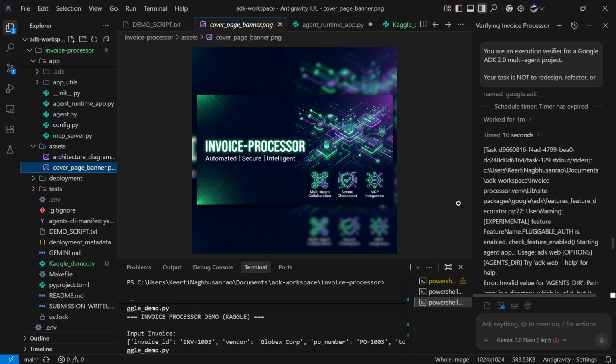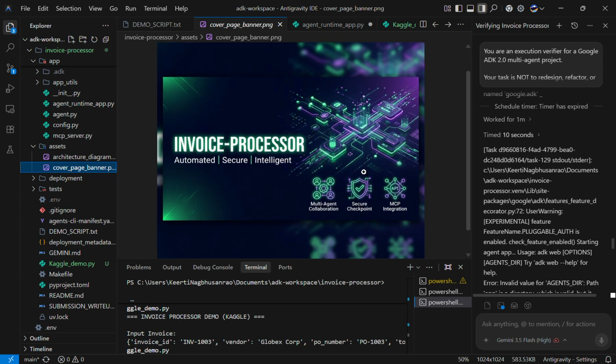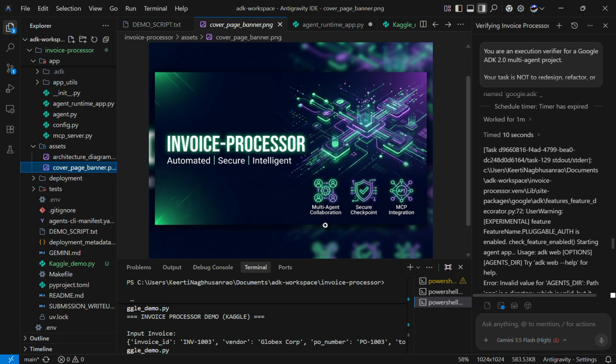Coming to the design principles, there are three design principles I have used here. The first one is automation. For automation, I have used multi-agent collaboration, as I show you here. Next one is security.